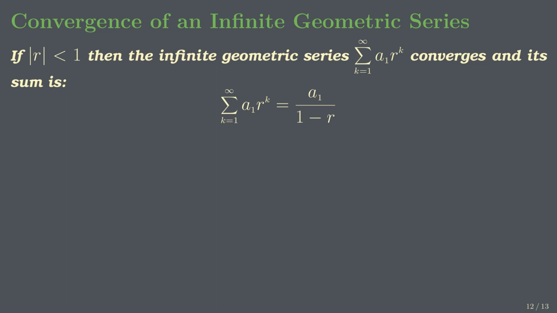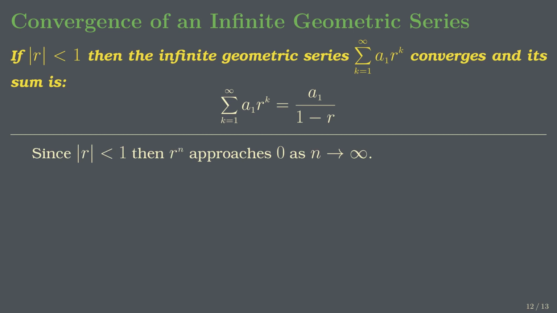So an intuitive way to think about this result is that because the absolute value of r is less than 1, the value of r to the n should be smaller and smaller, and then it approaches 0 as n tends to infinity. Right? So the limit of r^n when n tends to infinity is 0.